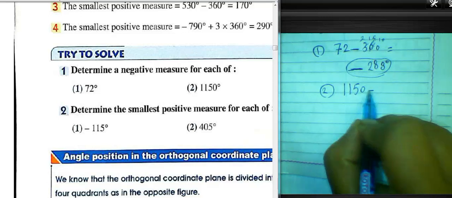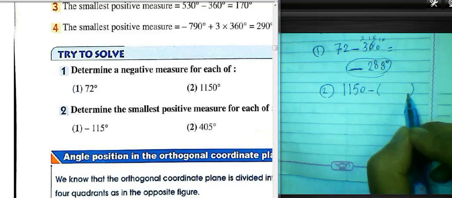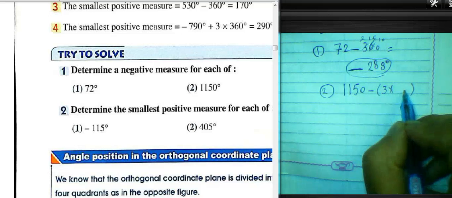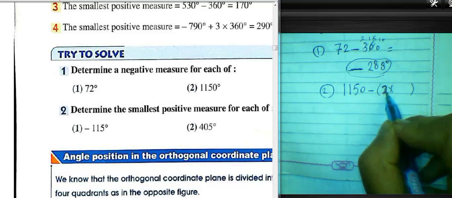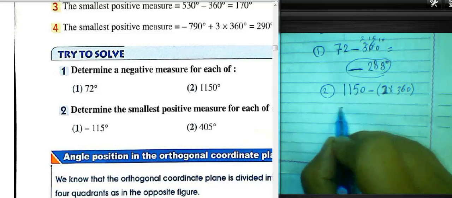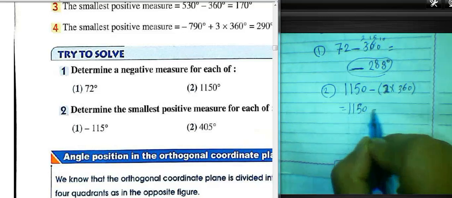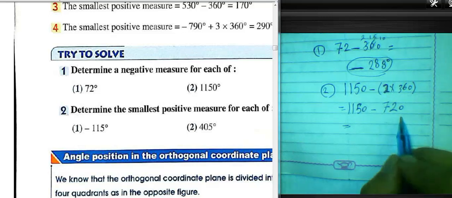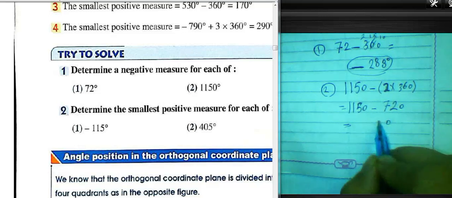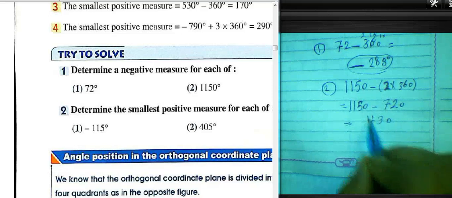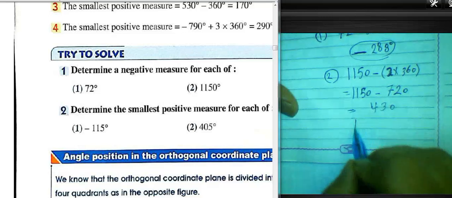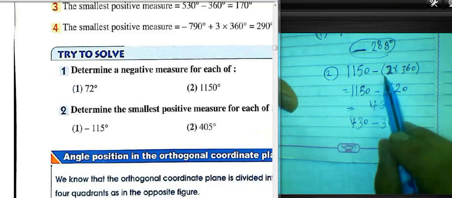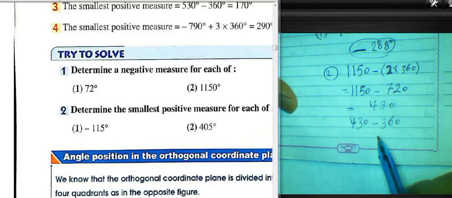Question number 2, 1150. We subtract twice 360, which is 720, and the result is 430. We must first subtract twice 360.